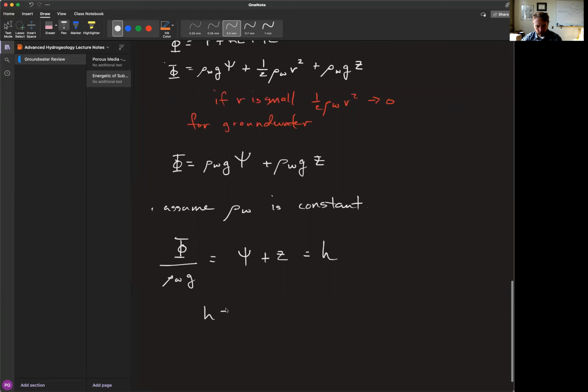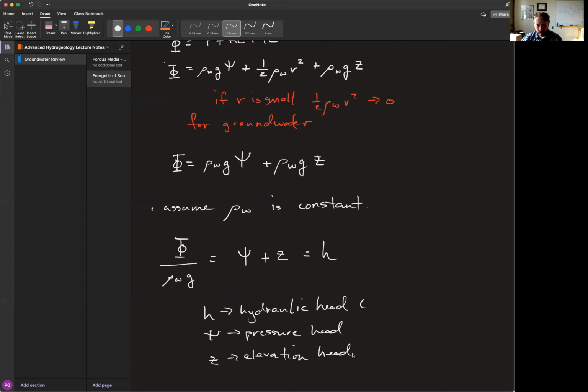So H is my hydraulic head. Psi is my pressure head. And z is my elevation head. All right, and these are all lengths, meters.